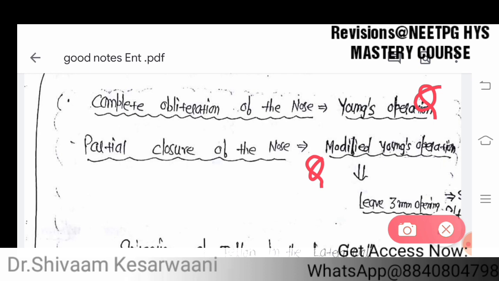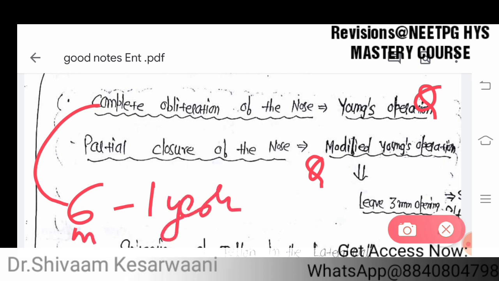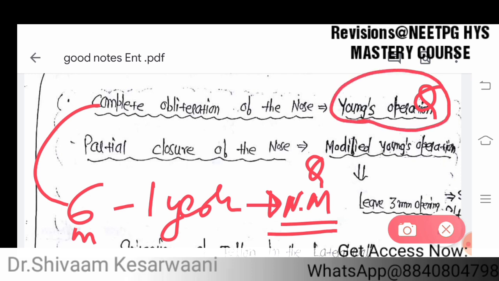And when the nostril is opened after 6 months to 1 year, you observe that the nasal mucosa is now regenerated. And as this Young's operation is quite radical, the patient may not be habituated or may complain of difficulty.